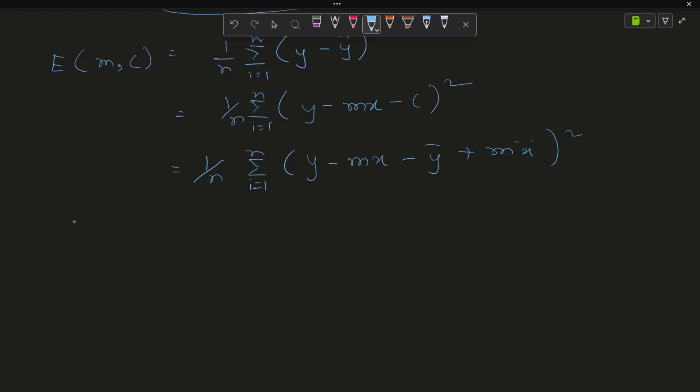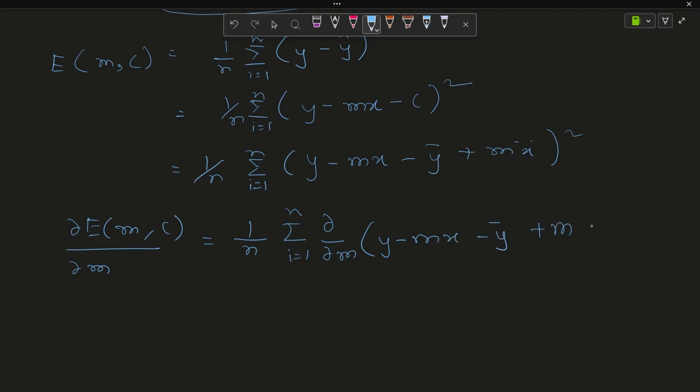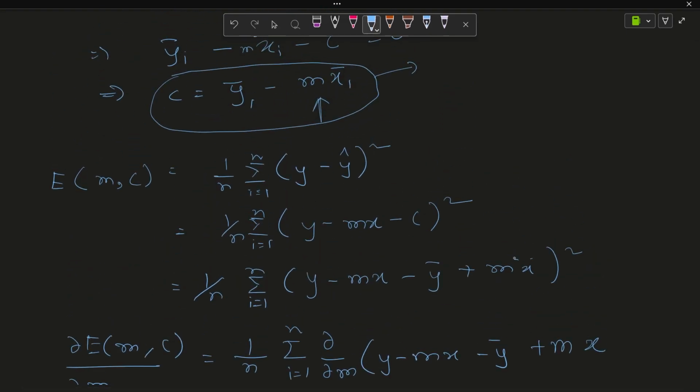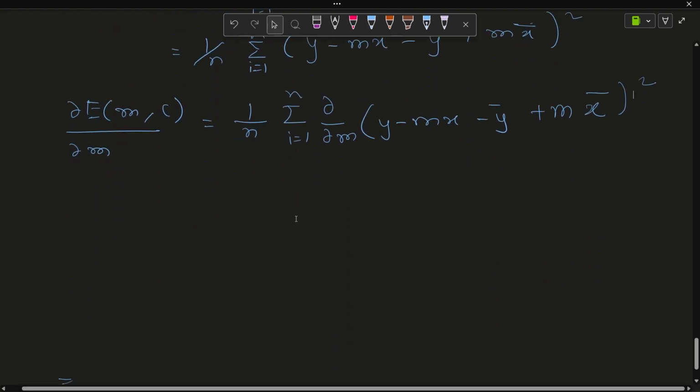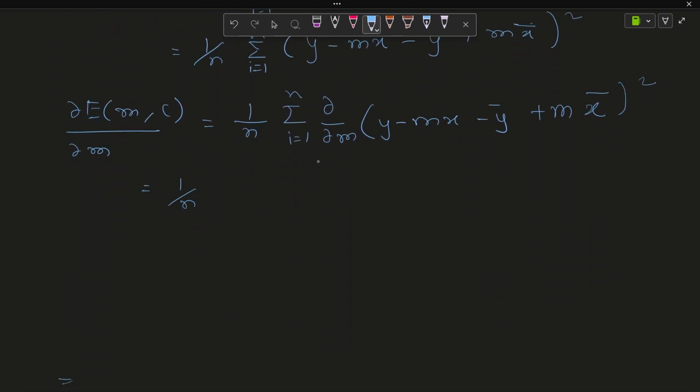this, the partial derivative with respect to m, right, because we are finding m here. So put 1 by n, this is constant, so put this outside of the derivative. mx, it will be m x bar, and apply the derivative here.